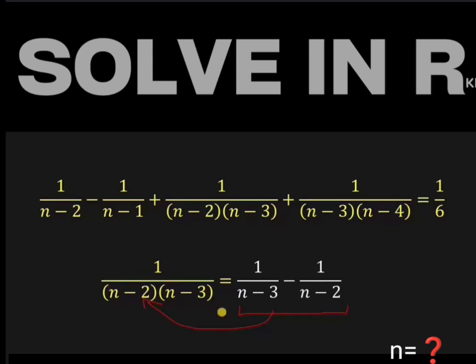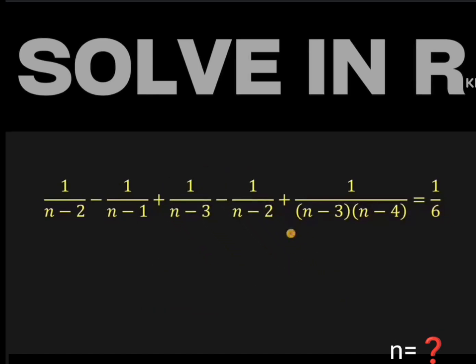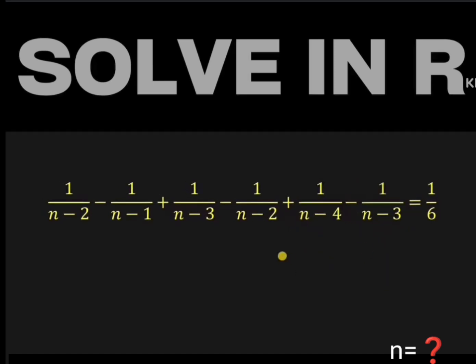So we can replace this with its equivalent. And on the last fraction, 1 over (n minus 3) multiplied by (n minus 4), this can be written as 1 over (n minus 4) minus 1 over (n minus 3). So we can replace this with its equivalent.